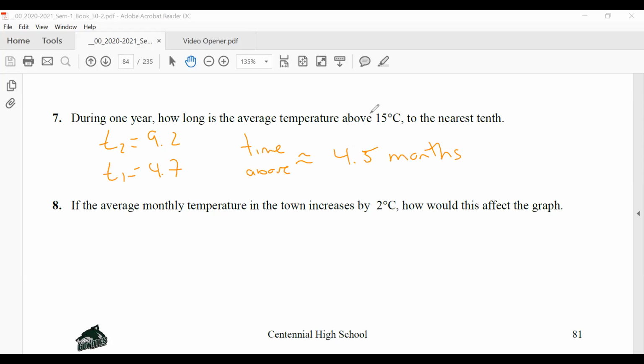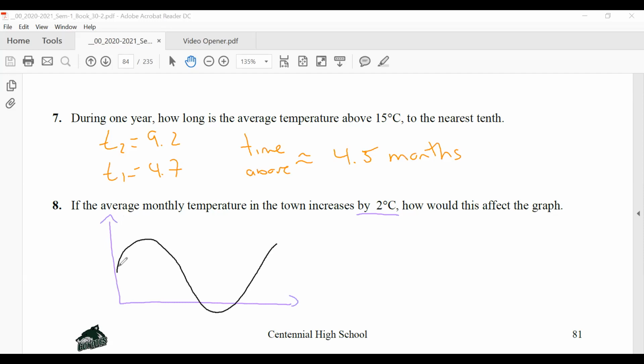Now, number 8 is the really good one. It's a thinking question. If the average temperature in the town increases by 2 degrees, what's that going to do to our graph? Well, here's our graph right now. It's doing roughly something like this, right?